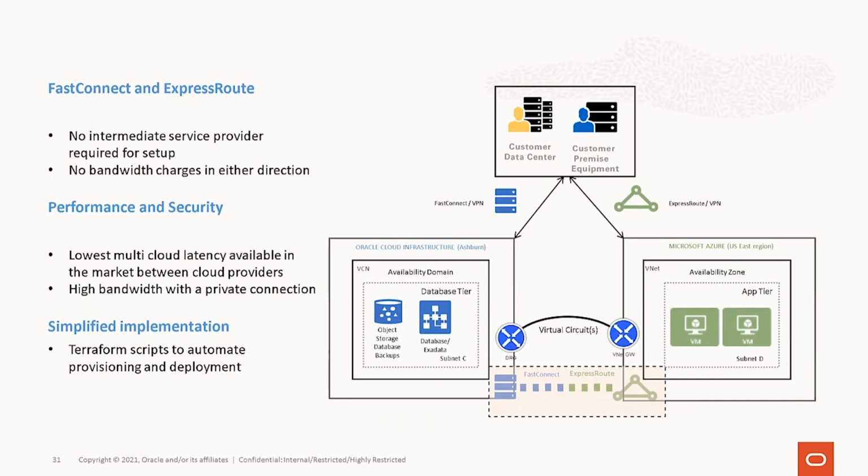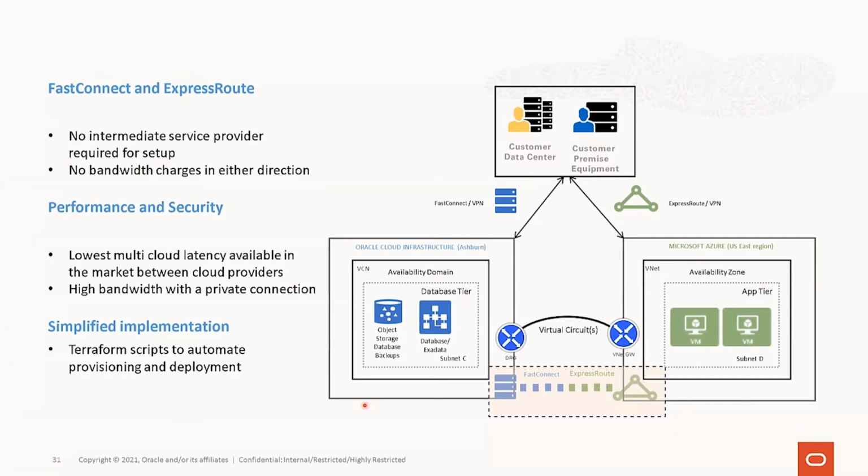It means that no data transfer for ingress or egress in any of the clouds will be applied. We also have Terraform scripts to automate the provisioning and the deployment, and we also work in a shared support model in both companies.